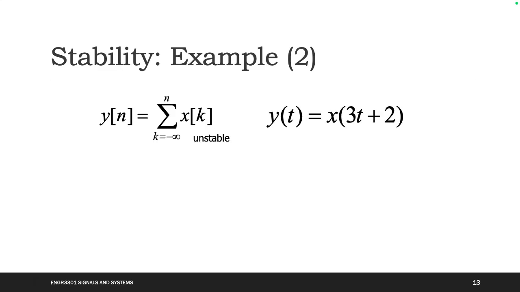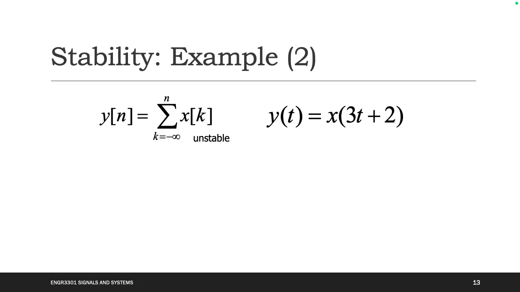How about this one? We know the input is bounded. When we talk about this system, we always consider the input is bounded. This is the condition I give you.